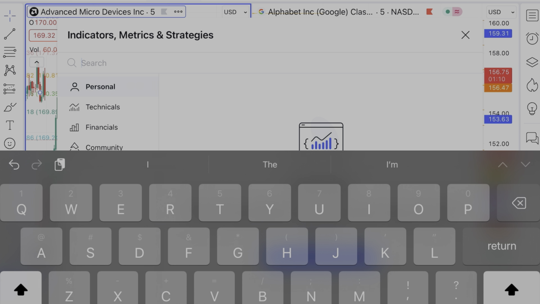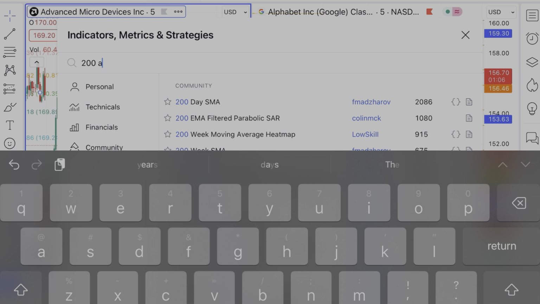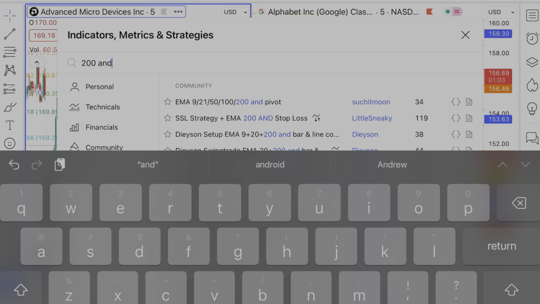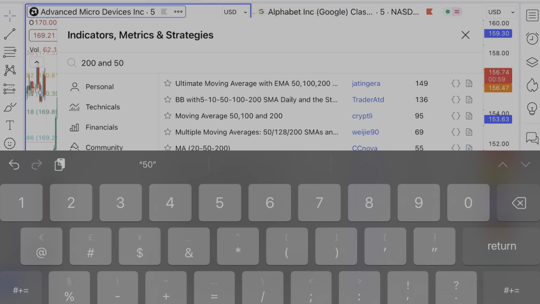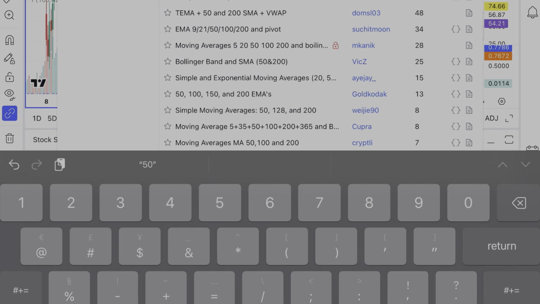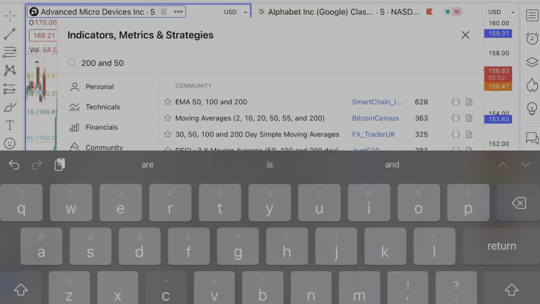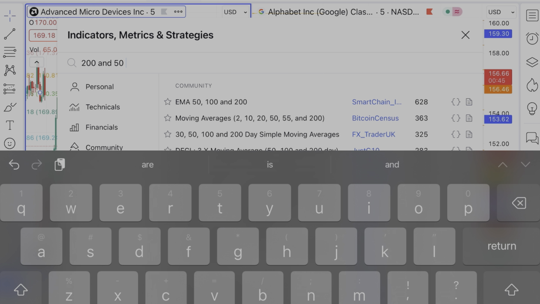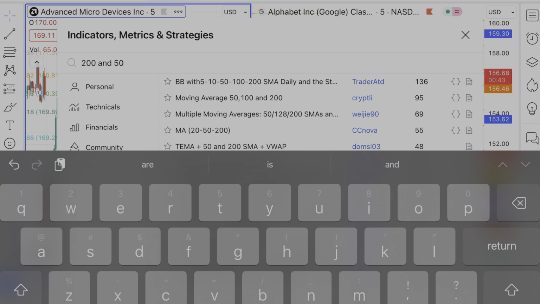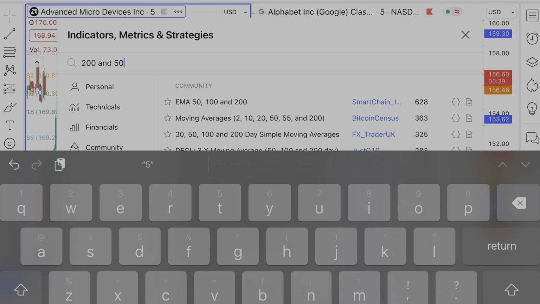All right, so I got my pivot points. I need the 250 moving average. Let me try cross. It's a certain one I like because it's real big and bold.